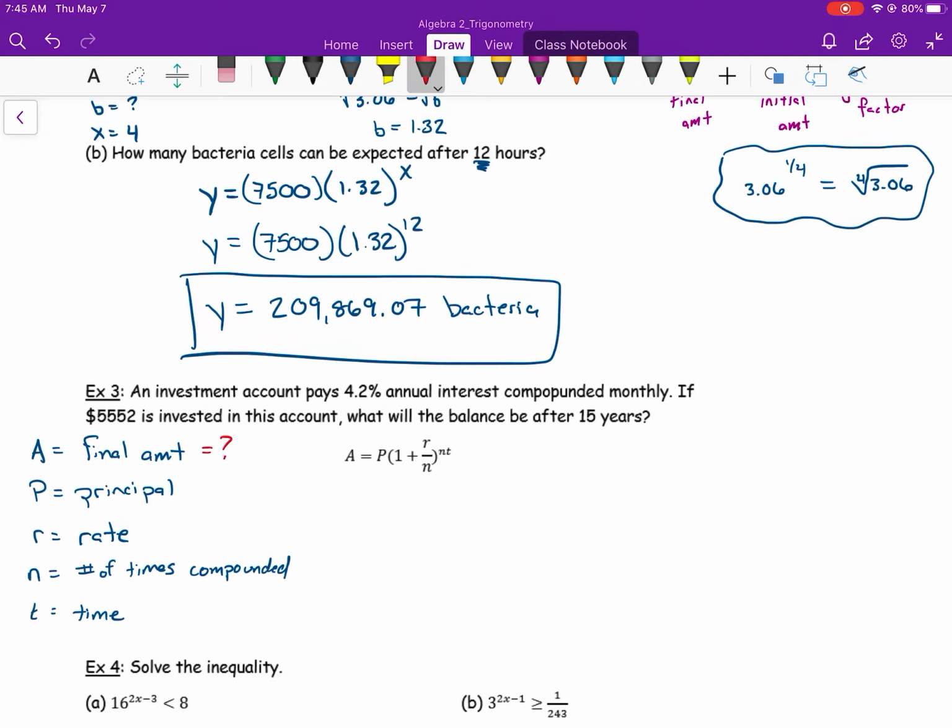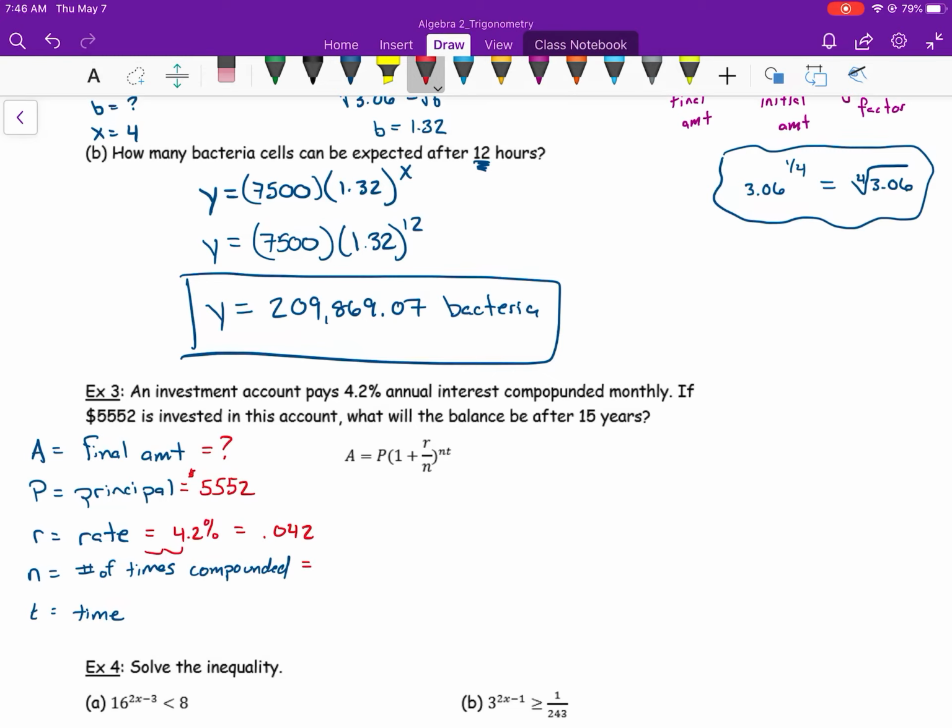So we don't know our final amount. Our principal is $5,552. Our rate is 4.2%, but you want to make it into a decimal. So slide it 2 to the left. It's 0.042.